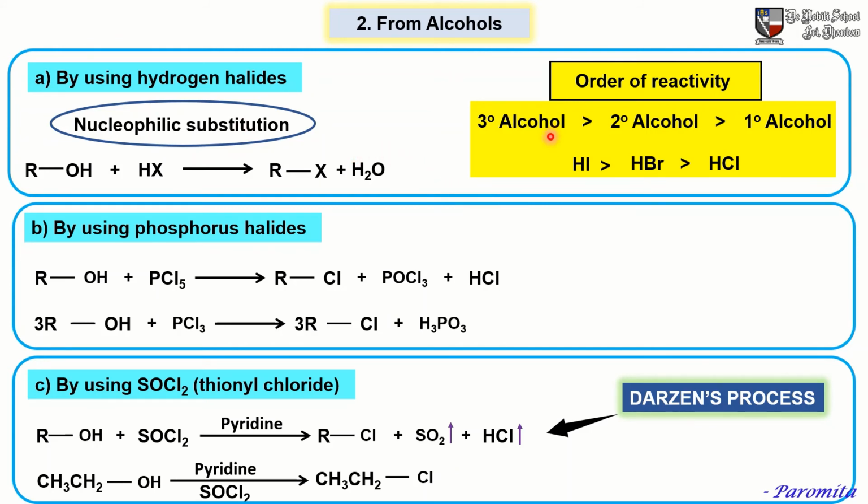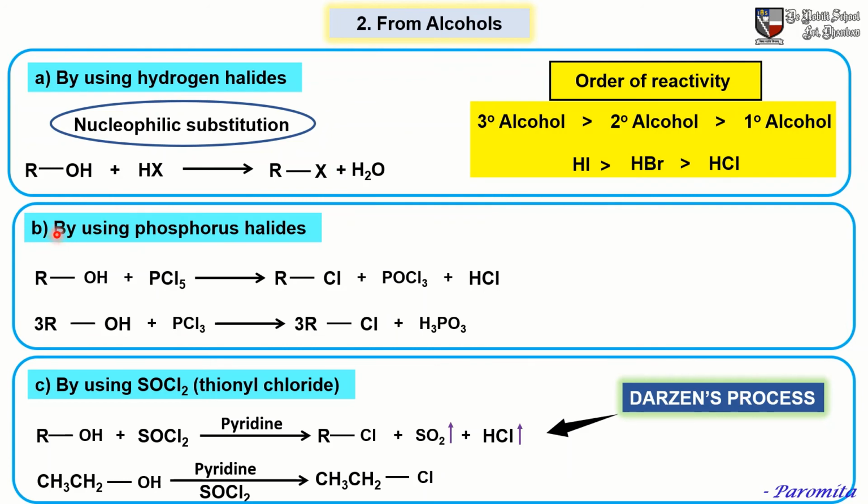Since the order of stability of carbocation is 3 degree greater than 2 degree greater than 1 degree, the order of reactivity of alcohol is 3 degree alcohol greater than 2 degree alcohol greater than 1 degree alcohol. The reactivity of halogen acids towards this reaction is HI greater than HBr greater than HCl.